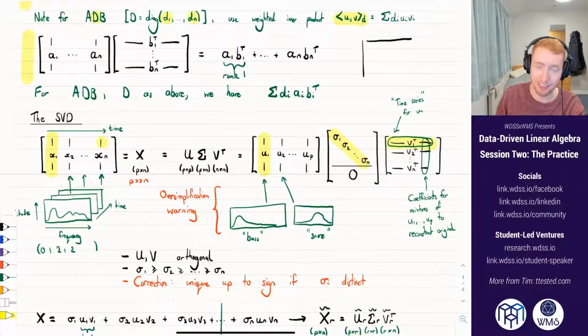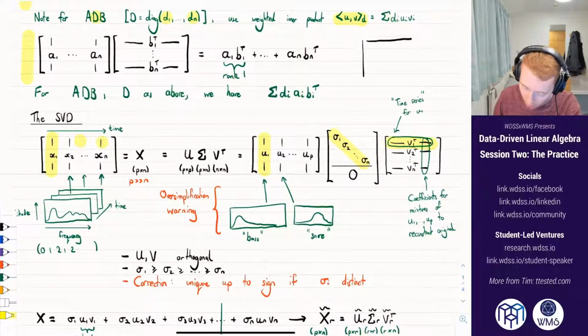So you can think of these as the time series for a certain U. V1, for example, tells us how much of this component U1 appears as we move through this time series. And if we look at the columns, cutting across these vectors, those tell us what mixtures of these U's we have to use to reconstruct a specific timestamp in our original matrix.